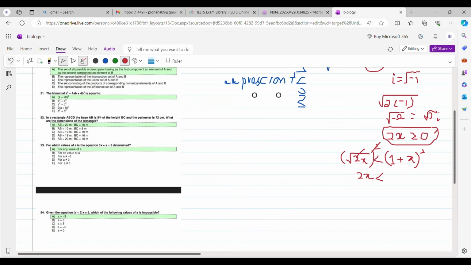You must have studied in your very initial classes about the (a plus b) whole square formula. I'm writing that formula here as well, in case you don't remember. So we have the formula (a plus b) whole square equals a square plus 2ab plus b square. Now we are going to apply this formula here so that we can simplify it, right?